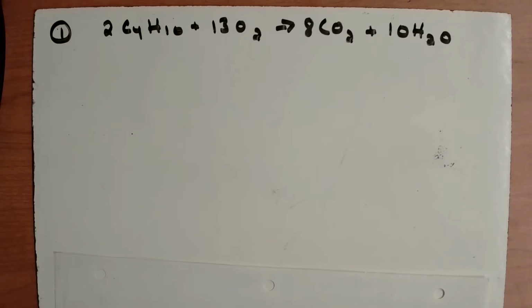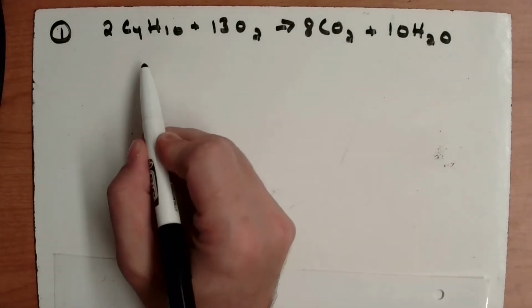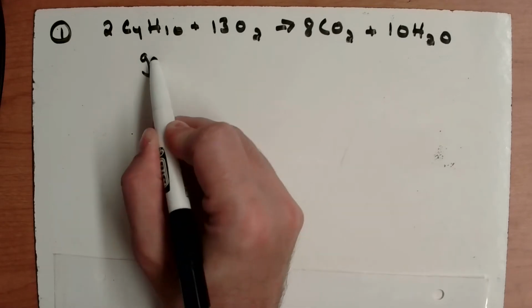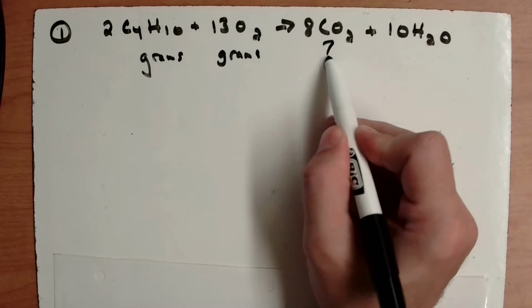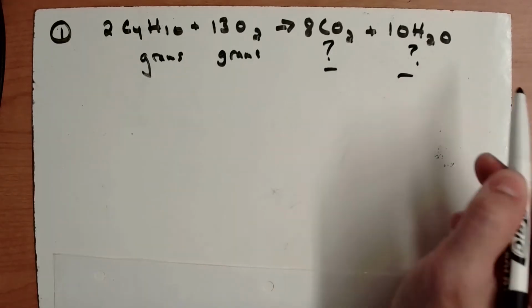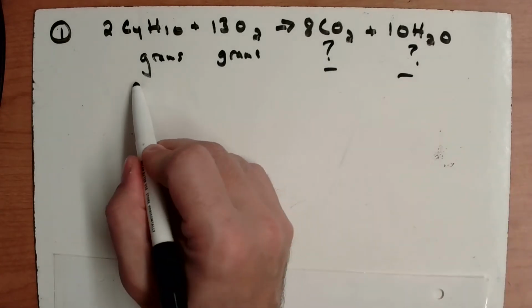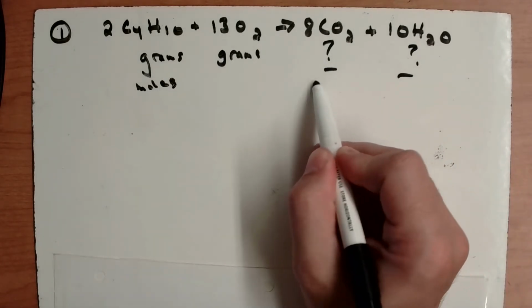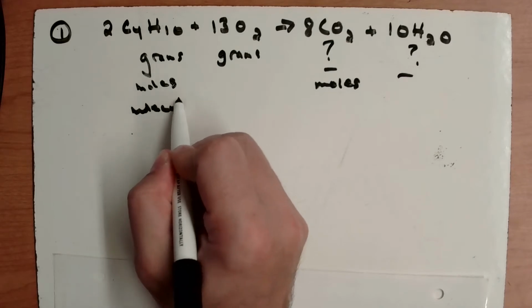Okay, so for this first one, what is stoichiometry actually? Stoichiometry is a way of figuring out if we have a certain amount of this, so grams of this, how much of each product are we going to make? Right, so stoichiometry tells us that. It can also be in moles and tell us how many moles we can make, how many molecules we can make.